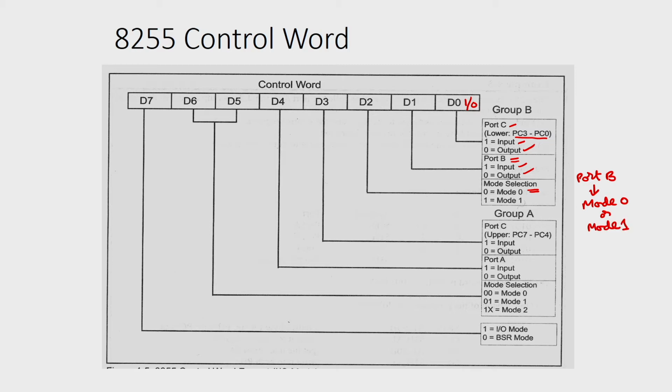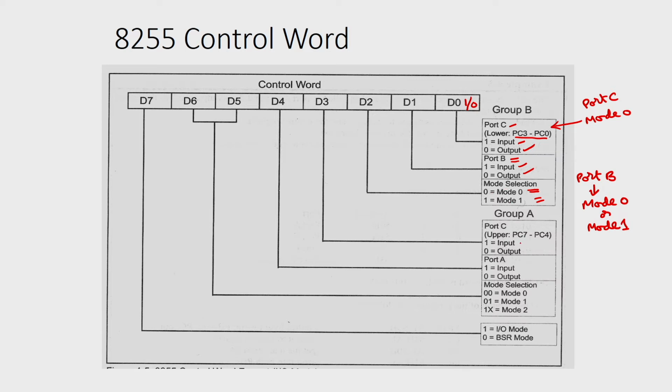Whereas port C can be operated in only one mode, which is mode 0. So, there is no bit to select the mode of port C, because by implication it is mode 0. Whereas port B can operate in mode 0 and mode 1, so we have one bit for selecting mode 0 or mode 1.